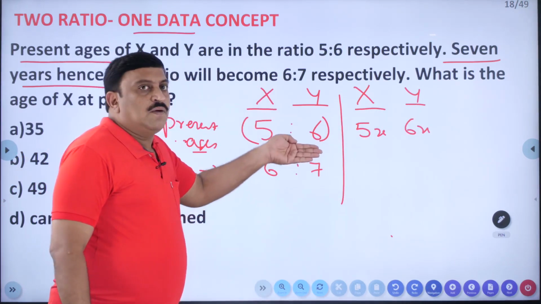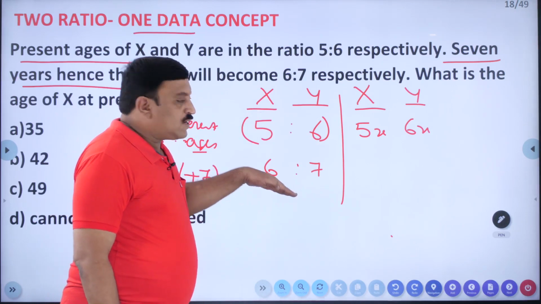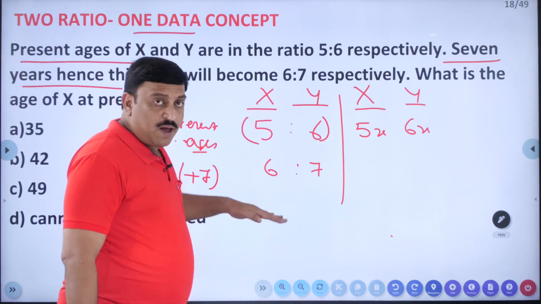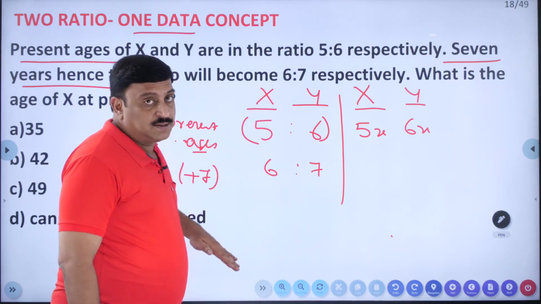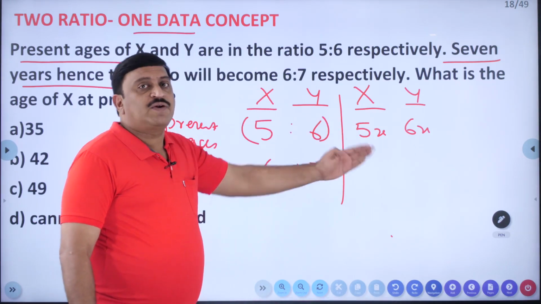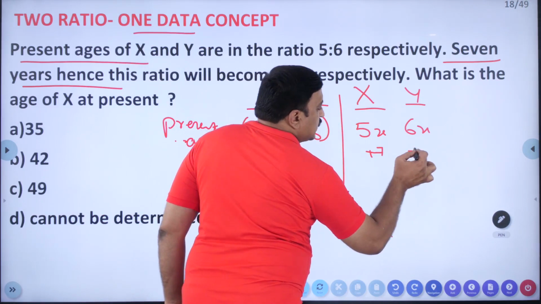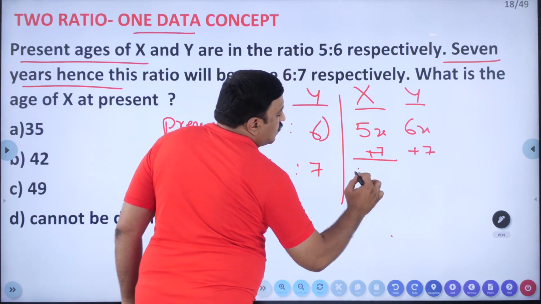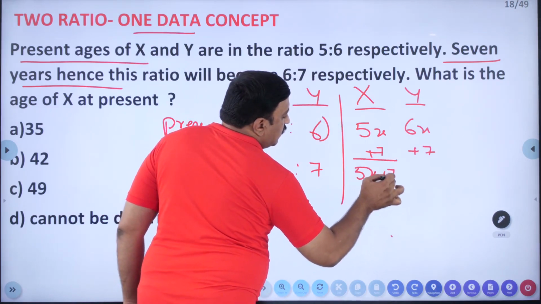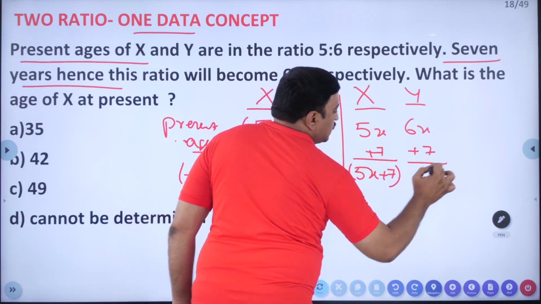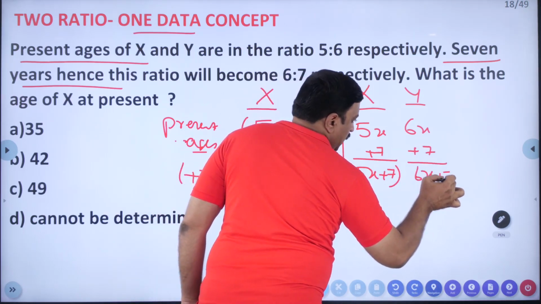After this we have another ratio, 6:7, which is after 7 years. This is the present, so add 7 to both of them. Then what happens? The first becomes 5x plus 7, and the second becomes 6x plus 7.